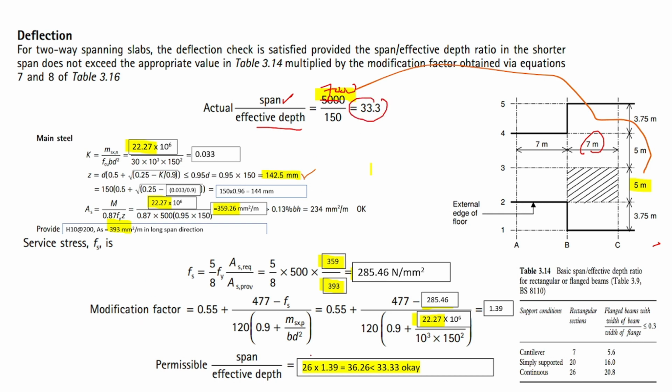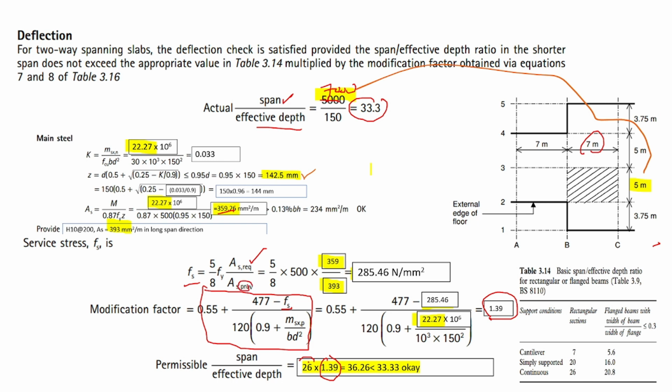Now with the permissible, we just need to calculate this modification factor. We already know how to calculate the modification factor since the one-way slab, right? So we just have this formula. This is Fs, whereas Fs, this formula also. A is required for your main bar. This is 359.